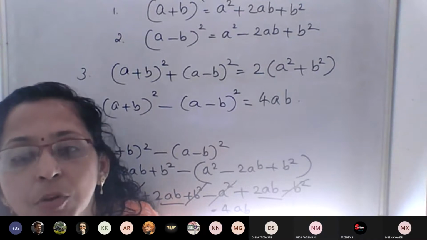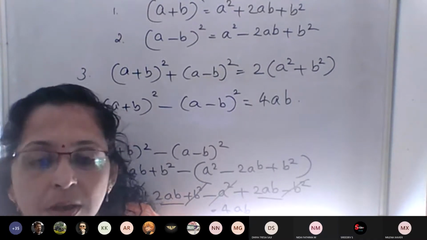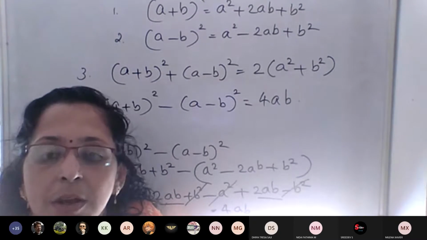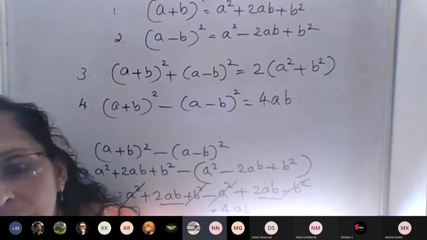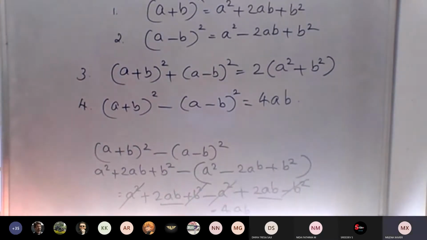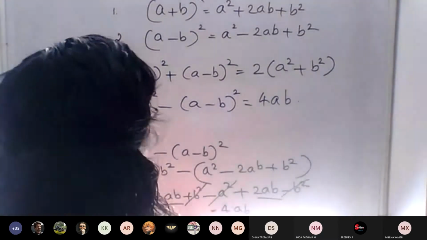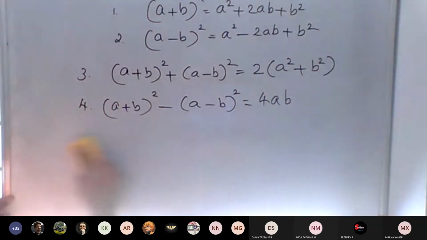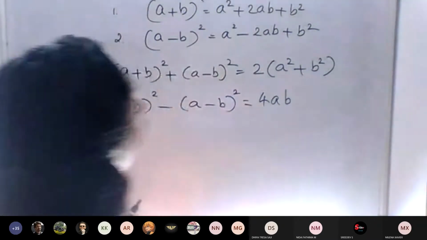Same way, (a plus b) whole square minus (a minus b) whole square is 4ab. Okay, is it clear now?